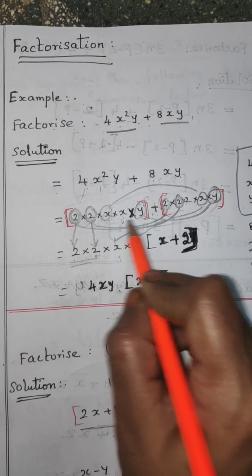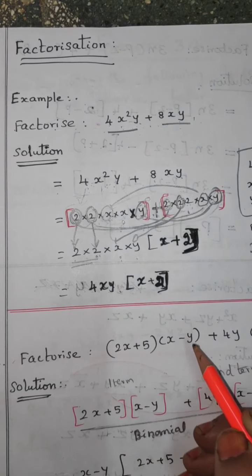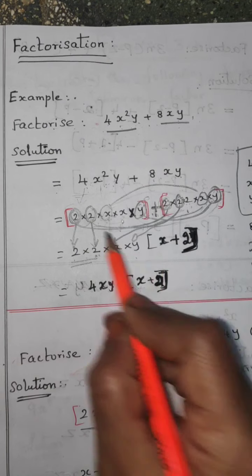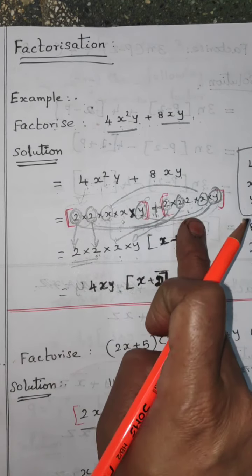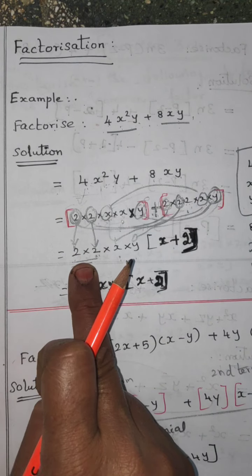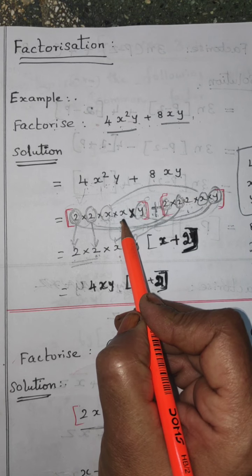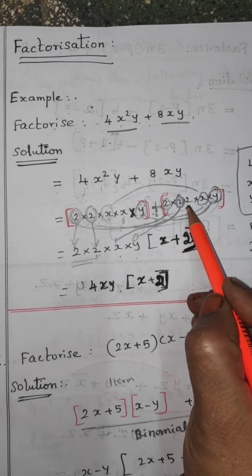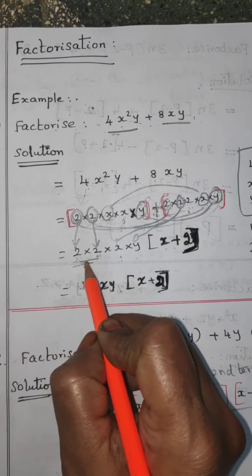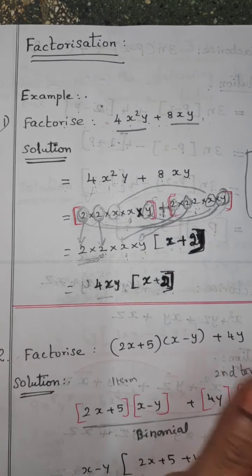First bracket has x, second bracket has 2. Between these two brackets is the plus symbol. So write that number in the bracket. The common numbers, two numbers written as one. Which one is not common? Here the first term has 1x, the second term has 1 2. So x plus 2. 2 twos are 4, x into y, xy. x plus 2 is the answer.